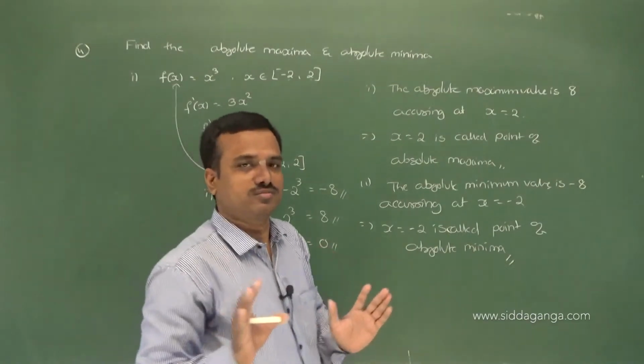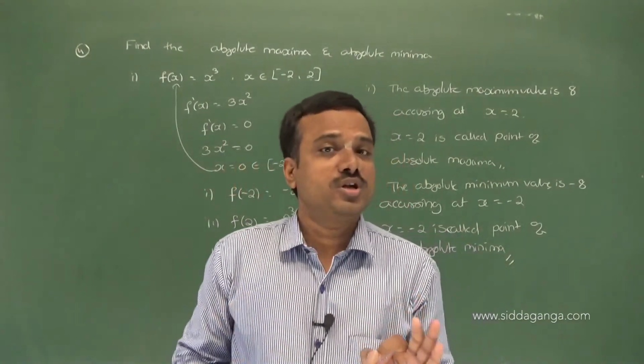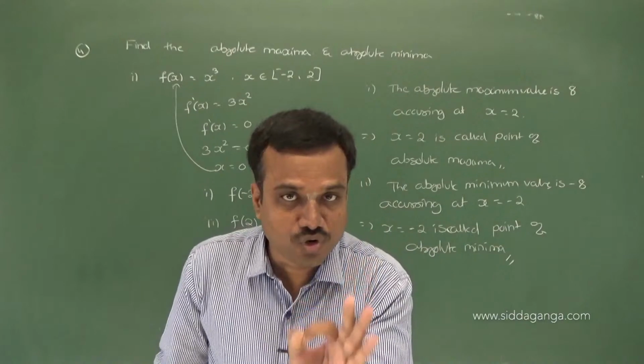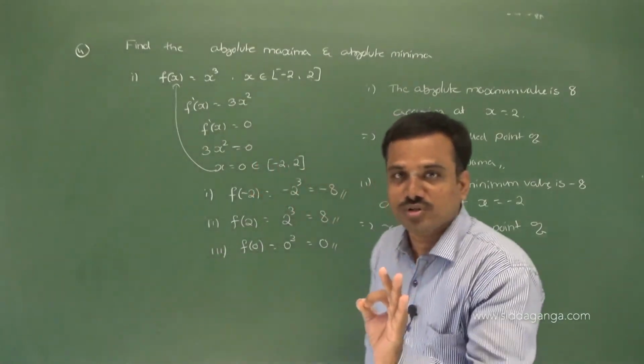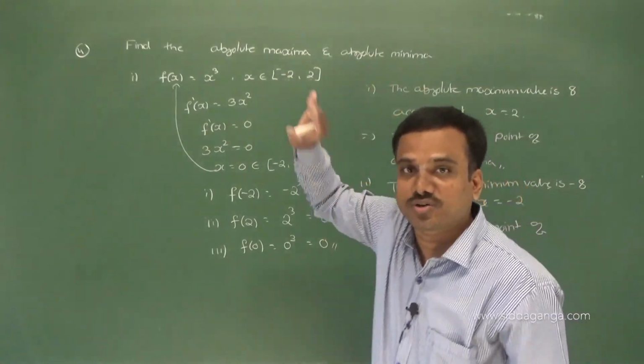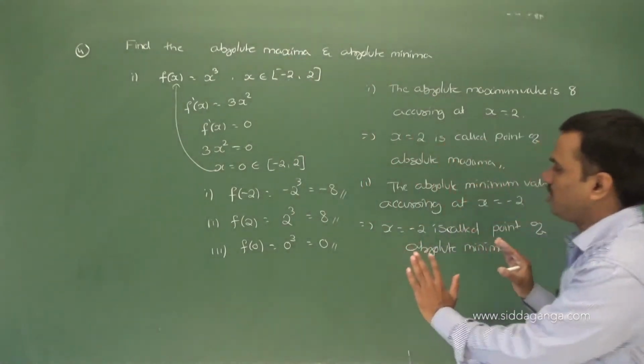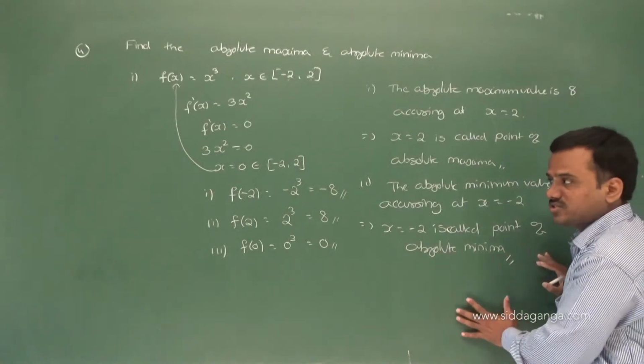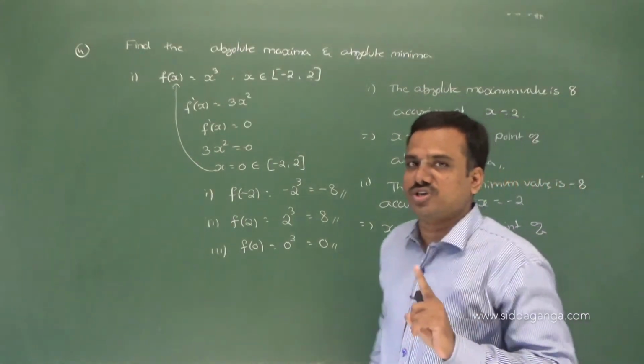Carefully observe, this is the procedure to find absolute maxima and absolute minima with respect to the closed interval. See this problem very carefully. Once again, I explain the procedure.